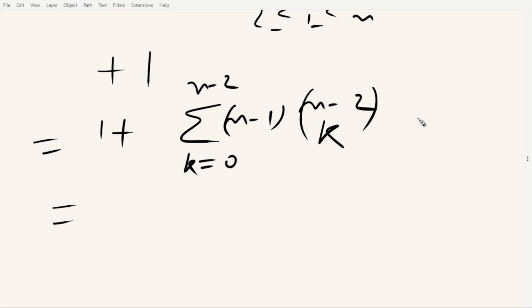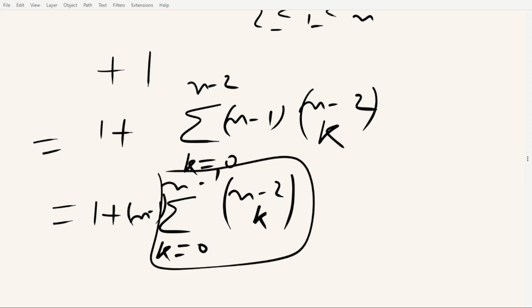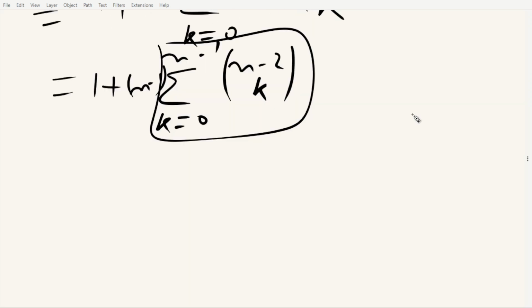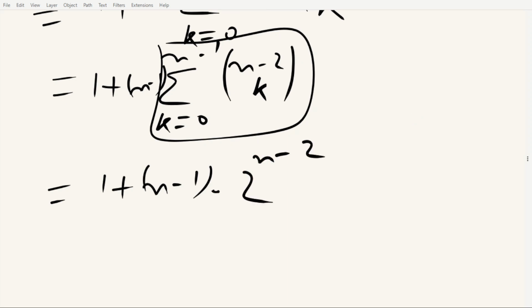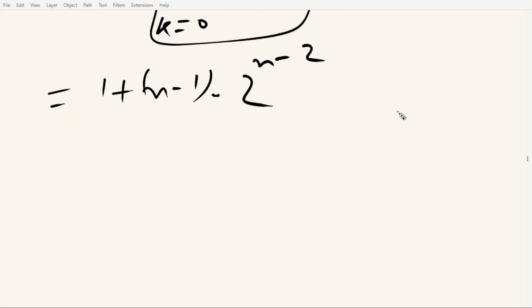So again, this is easy to find. 1 plus sum of all k from 0 to n minus 2. Just take n minus 1 out, (n minus 2) choose k. So this becomes 2 to the power n minus 2. We get 1 plus (n minus 1) 2 to the power n minus 2. So again, we are not interested in finding exact space complexity. In big theta notation, this is big theta of n 2 to the power n.